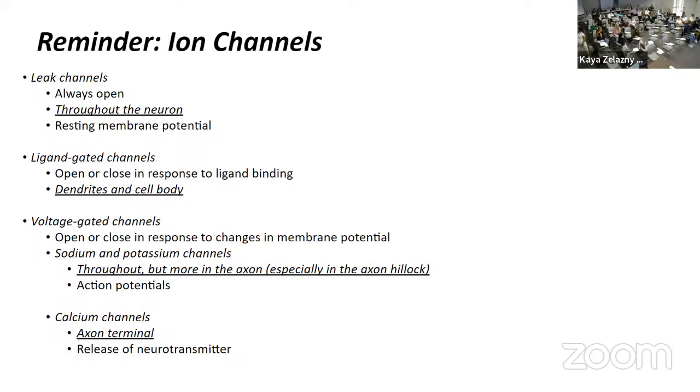So that's present in the axon terminal. And so we saw it labeled on our presynaptic neurons when we were looking at the synapse. Okay? When those calcium voltage gated channels open, when that action potential gets to the axon terminal, calcium flows in, and that tells that axon terminal that it's time to release neurotransmitter.